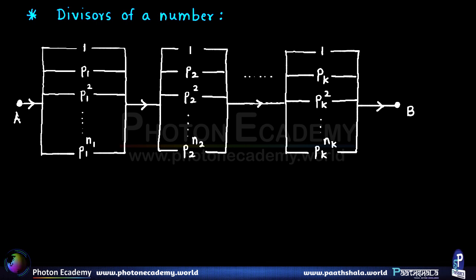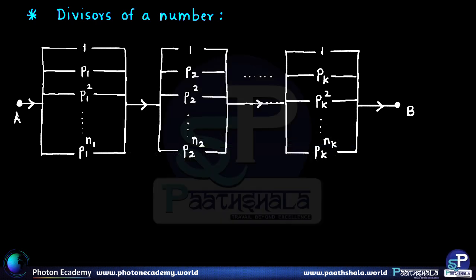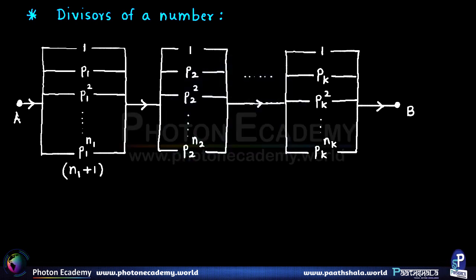So counting how many divisors there are of the original number is equivalent to counting how many paths there are to travel from point A to B. In the first section we have n1 plus 1 paths. Similarly, for the second section we have n2 plus 1 paths, and so on till the final section, where we have nk plus 1 paths.